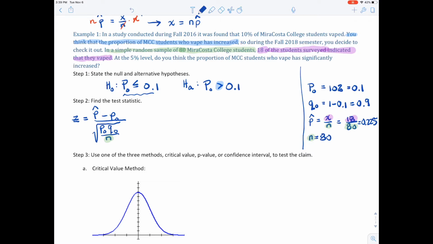So here we are. This will be equivalent to P hat was 0.225. P0 is 0.1 over the square root of P0 was 0.1. We found that Q0 was 0.9, right? Over 80.